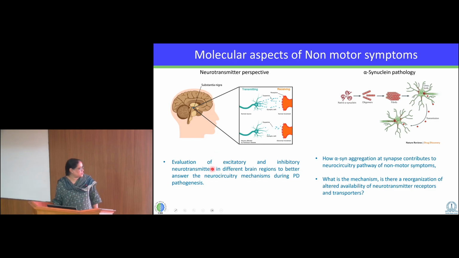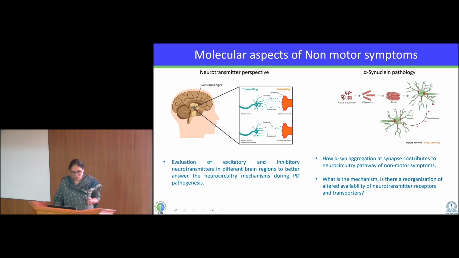inhibitory neurotransmitters in different regions of the brain to better answer how these neurocircuitry mechanisms are involved, whether their transporters are affected, whether the excitatory and inhibitory neurotransmitters are affected in these two regions, and how it contributes to early non-motor symptoms of PD pathology.